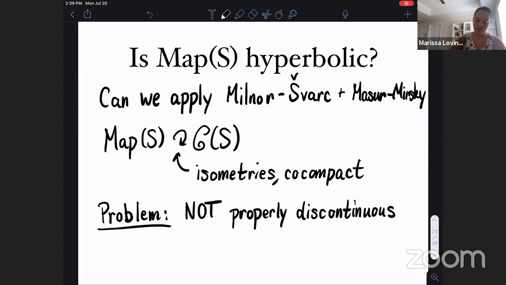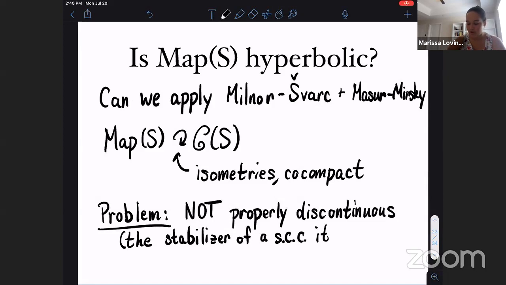Right? So the way that you can see this is that if you look at the stabilizer of a simple closed curve, it's always going to be infinite, right? We even saw an example of this, right? When you look at the Dehn twist, a Dehn twist always stabilizes the curve it's twisting about.